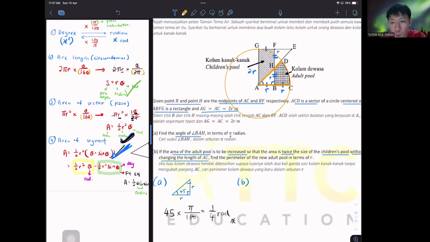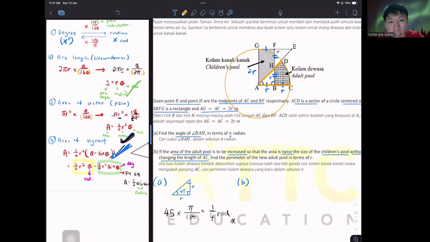Because for the children pool, the question never says it can change, so I assume the children pool also stays the same. The size of the children pool stays the same. So I only extend it towards the triangle.